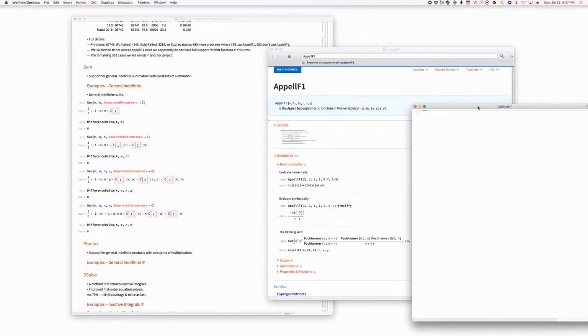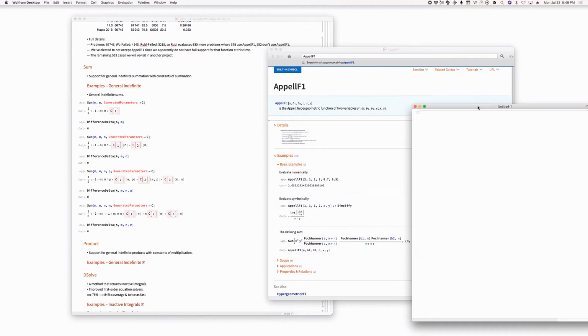The problem is that I can't tell you exactly off the top of my head since this was a couple of months ago, but I was able to construct relatively simple examples where you substitute in machine precision answers and it returns unevaluated. And even though it may have been technically correct, so what exactly is going wrong inside of AppellF1? That we don't know. I think that's a question for Sasha or Oleg or someone.